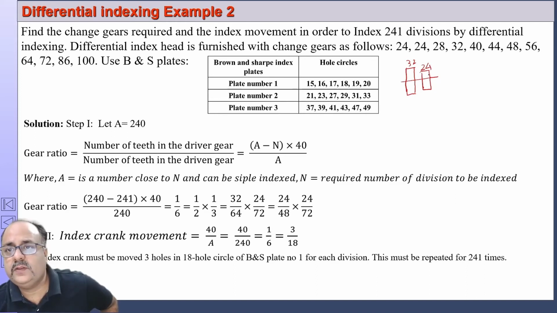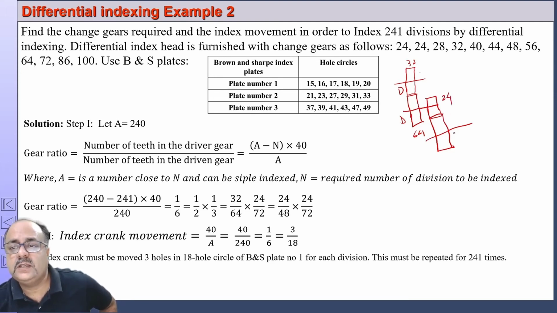Sorry, very sorry. 32 meshes with 64; this is the driver, this is driven, this is 64. On the same shaft we have 24, which meshes with 72.